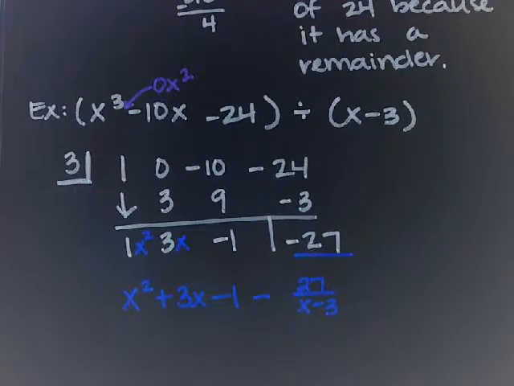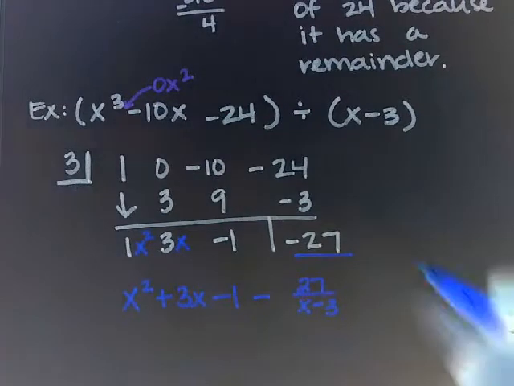And then for question number 6, it says, using your work in number 5, determine if x minus 3 was a factor of the original problem. It would not be because it has a remainder. Does that make sense?